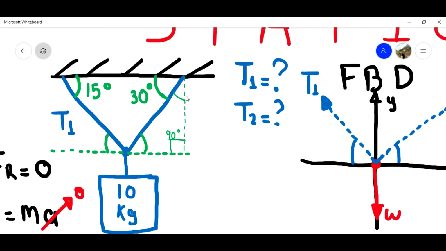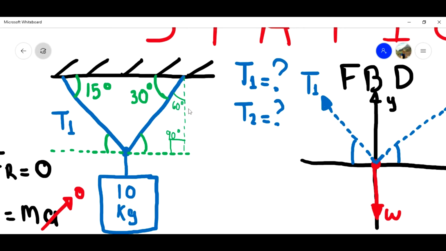If I add this angle and this angle, I'm going to have a 90 degrees angle. I already have 30 degrees, so how many do I need? I need 60 degrees over here. So the sum of those two angles is 90 degrees.